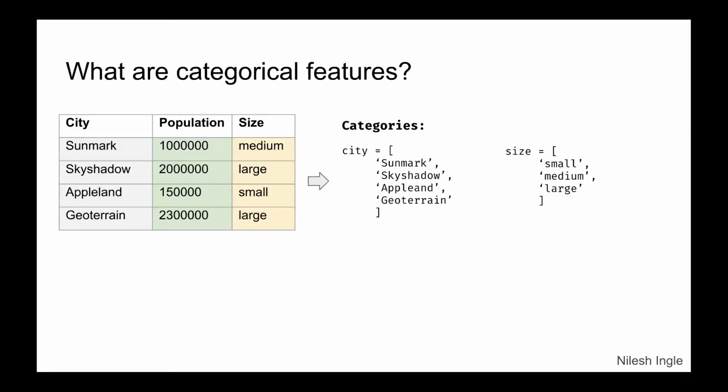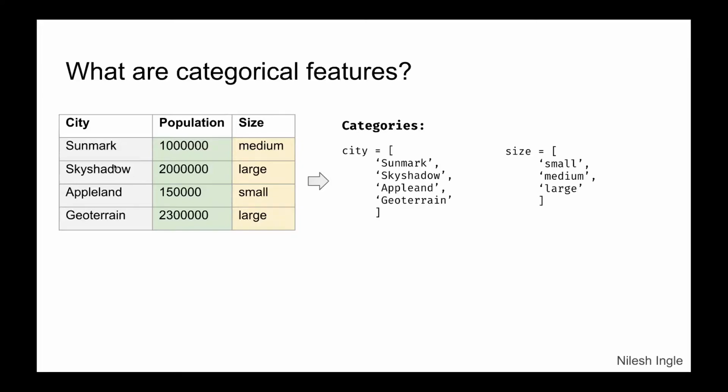So, what are categorical features? If we look at this table on the left hand side, we have three columns: city, population, and size. Of these three, only the population column is numeric, the other two have words in them. Now, each of these columns, city and size, can be converted into categorical columns.